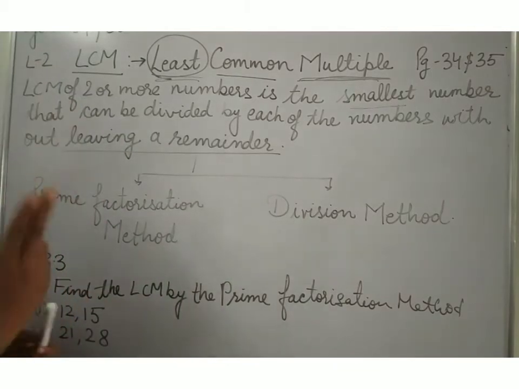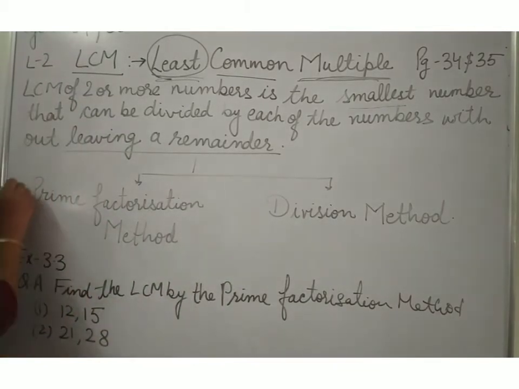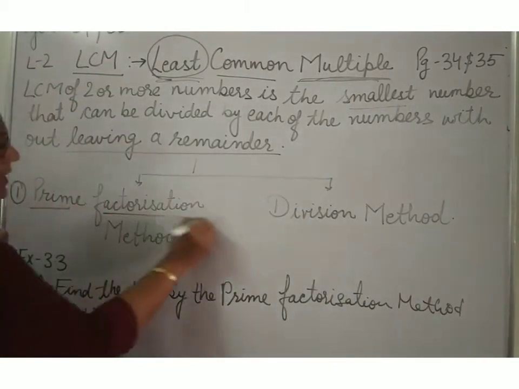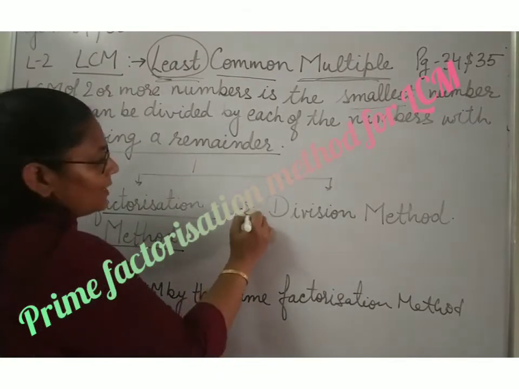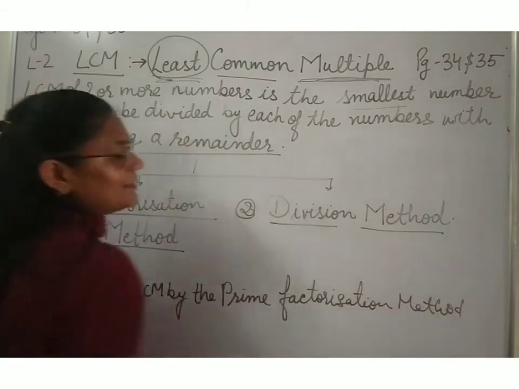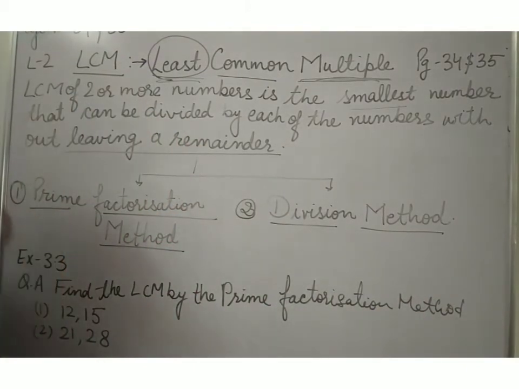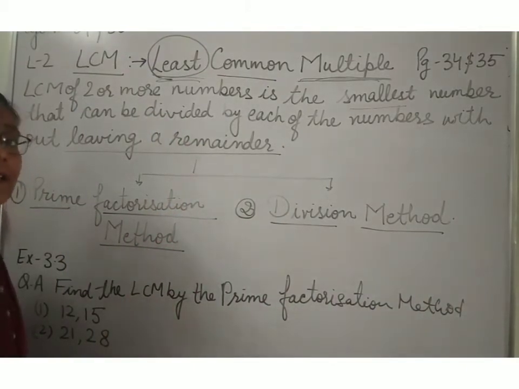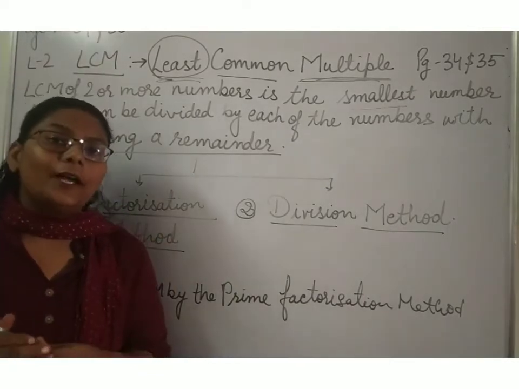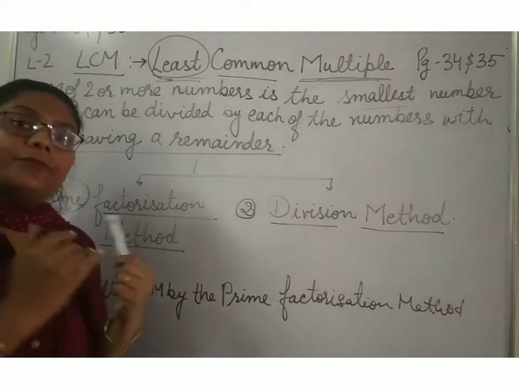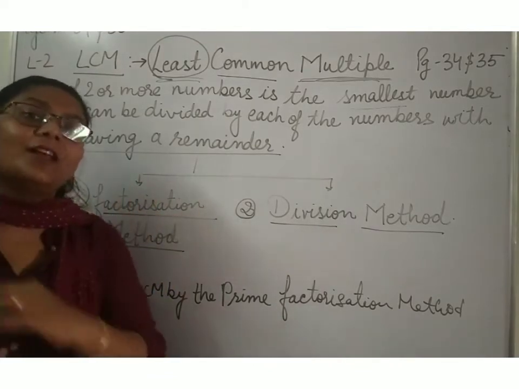There are two methods to find the LCM. The first method is the prime factorization method, which we are going to discuss in today's session. The second method is the division method. As its name explains, in the prime factorization method, first we have to find the prime factors of the given numbers.